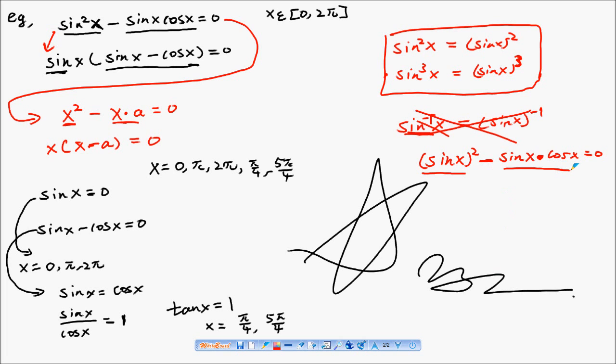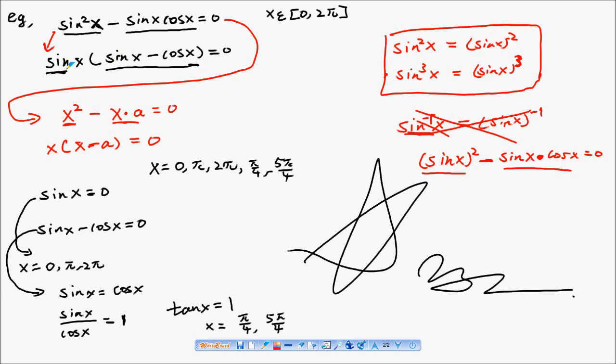In both terms at the left hand side of the equation, they are multiples of sine x. So as a result, I can take sine x out and put the rest in bracket, which is this form.